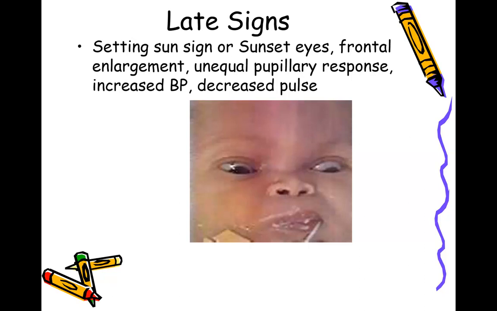Unequal pupillary response, so as you shine the light on one eye and that constricts, the other pupil responds slower or not at all. Increased blood pressure and decreased pulse. Those are all late signs of that increased intracranial pressure.